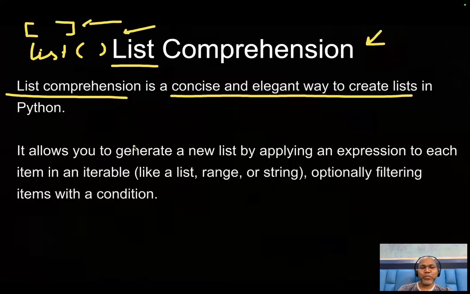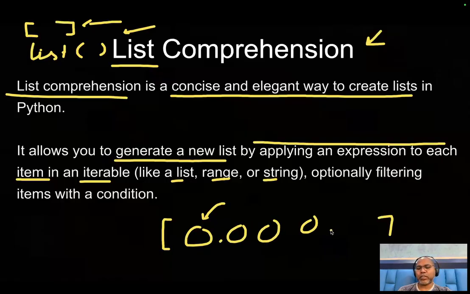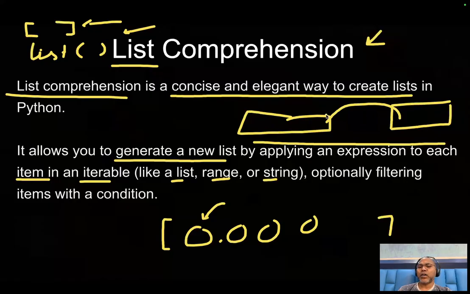It allows you to generate a new list by applying an expression to each item in an iterable, maybe a list or range. So you are going to create the list, and every element is made with some calculation or expression, and it comes from the iterable. Let's say we already have a collection. From this collection I want to build another list with some condition, if the condition matches, or some expression, maybe some filtering.